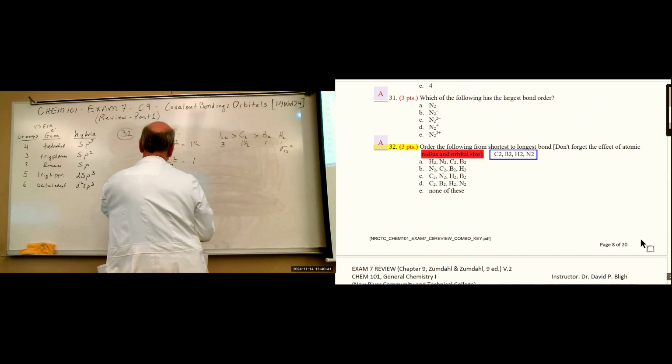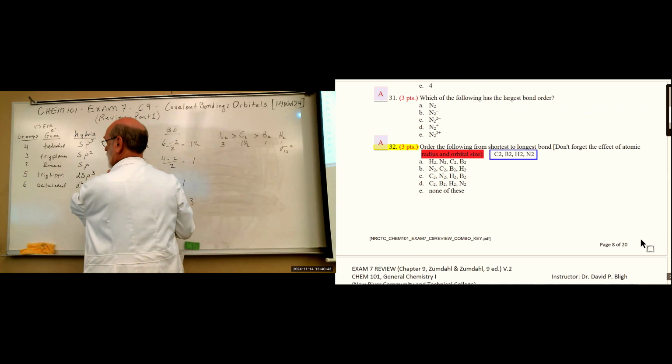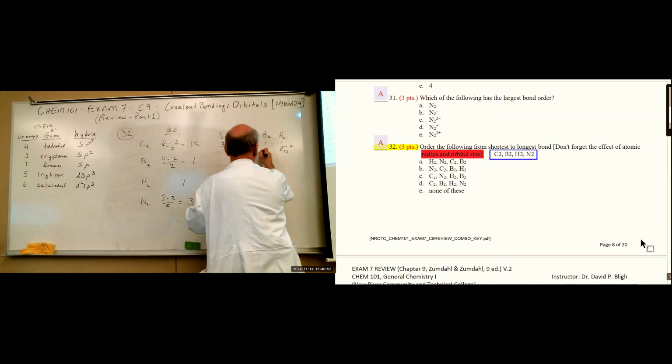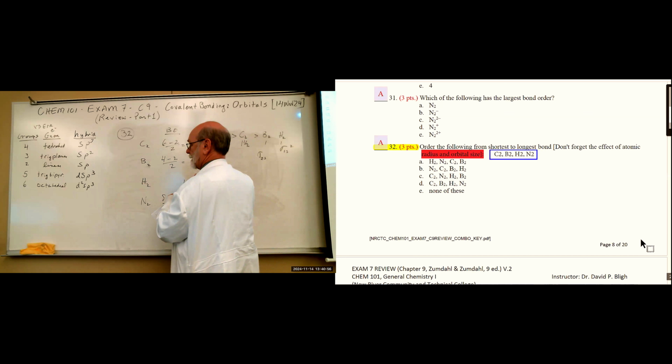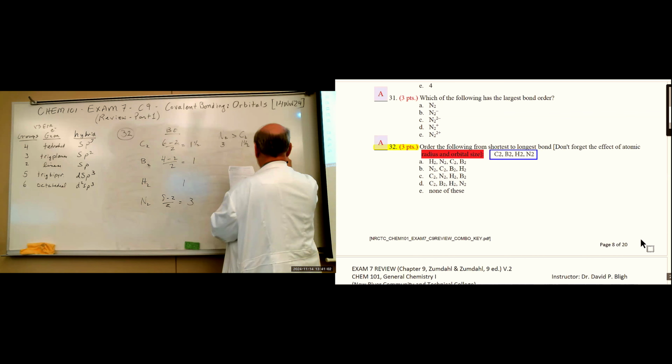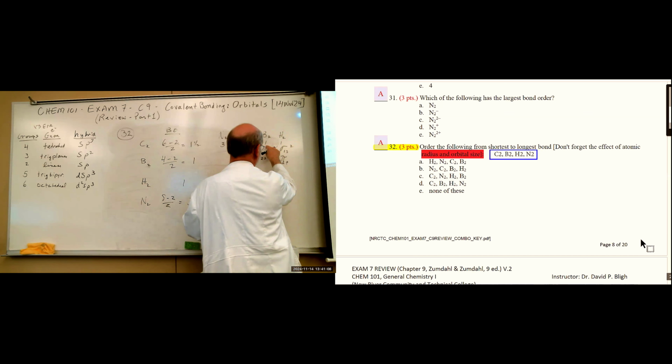Diboron is working with a sigma 2s and a sigma star 2s and a pi 2p to get here.